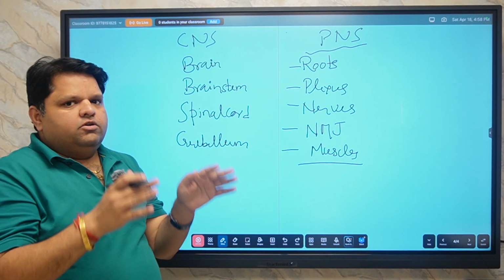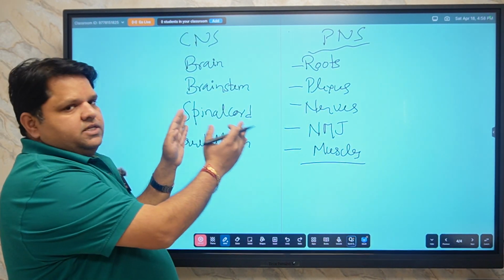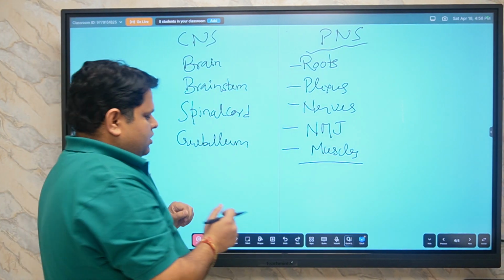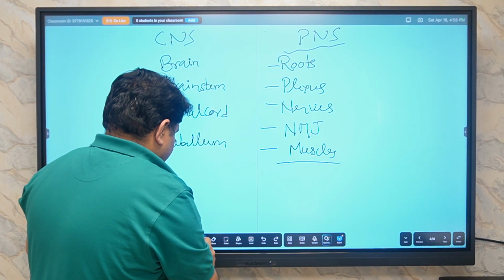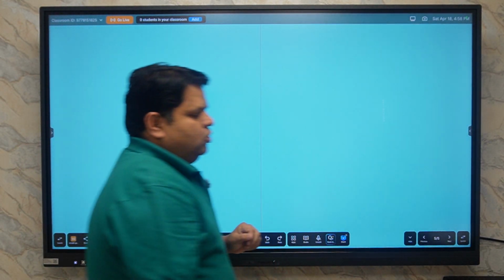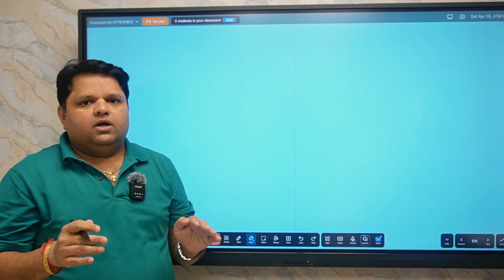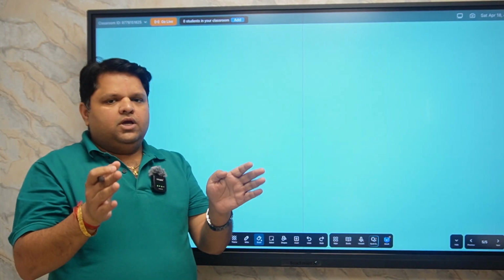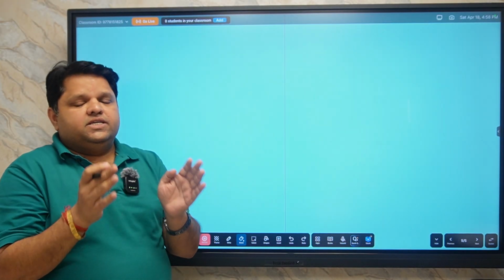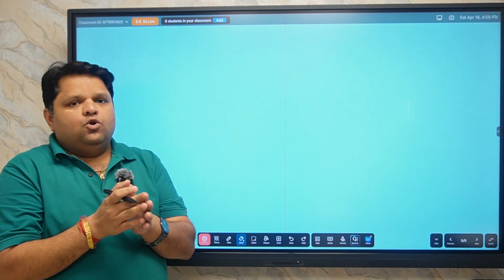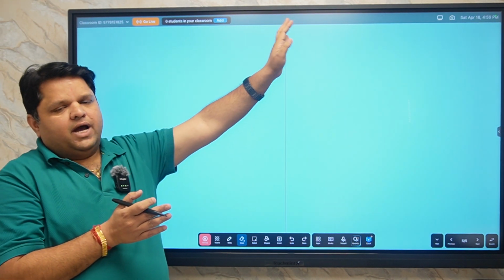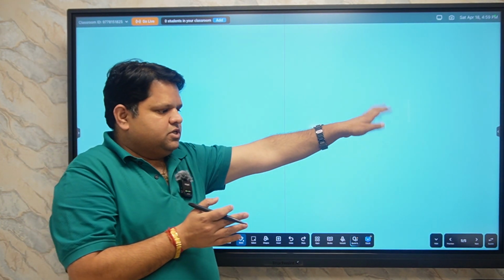So in neurology we categorize diseases in two parts, peripheral and the central nervous system. So this is basically the basic anatomy of the nervous system. So any lesion, any disease, any pathology, we localize in either the central nervous system part or the peripheral nervous system part.